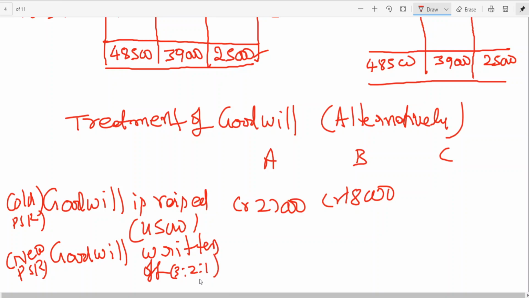So therefore 45,000 by 6 into 3, 22,500.